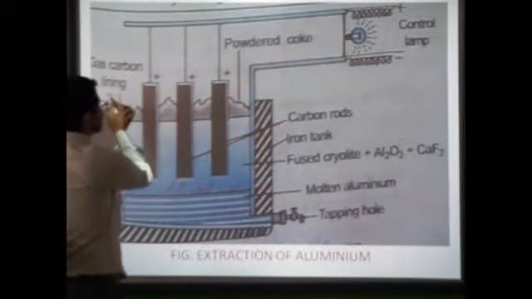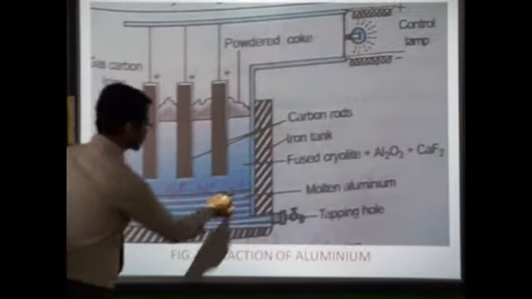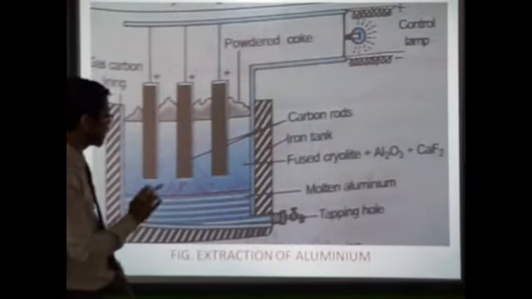Positively charged moves towards negative, so aluminium comes to this side, and the others remain in the solution only.